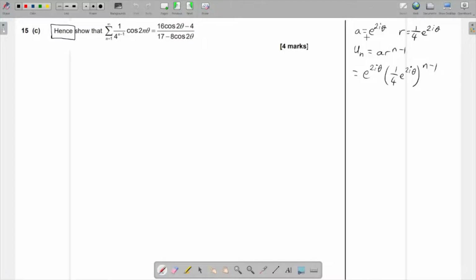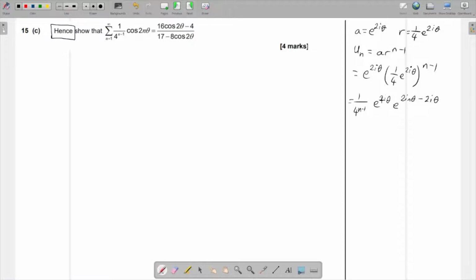Okay, so I've got A as this, R as this from part B, and I want to work out what the nth term formula is, and then I have e to the 2i theta multiplied by a quarter e to the 2i theta to the power of n minus 1. So doing a bit of expanding, it's going to be 1 over 4 to the power of n minus 1, e to the 2i theta, e to the 2i n theta minus 2i theta.